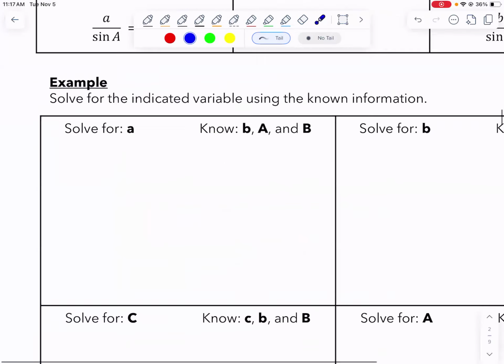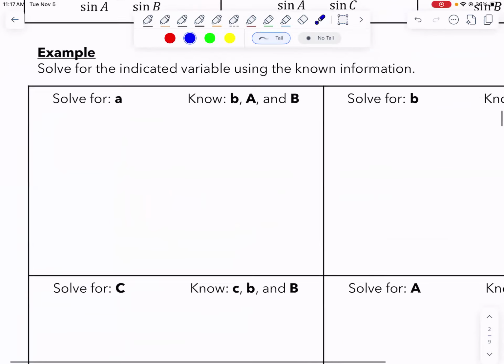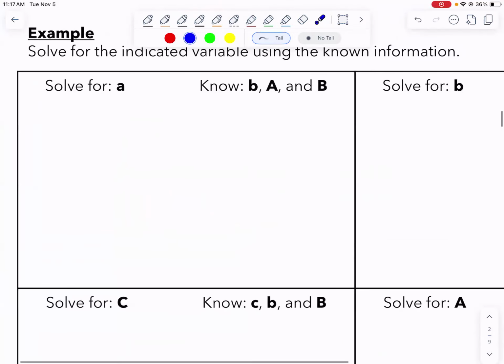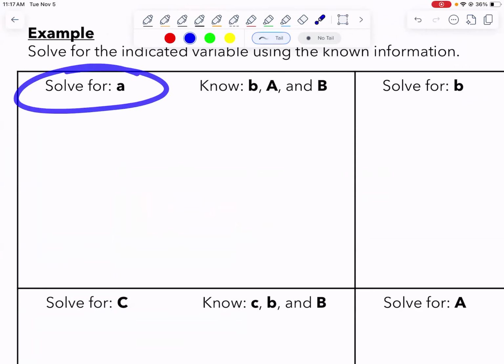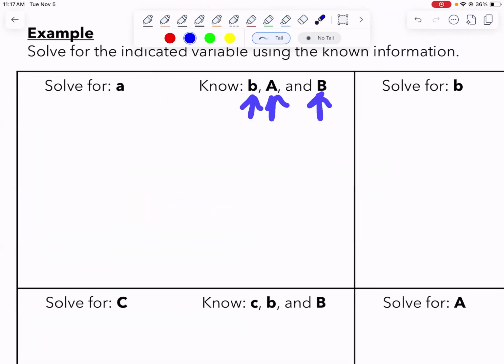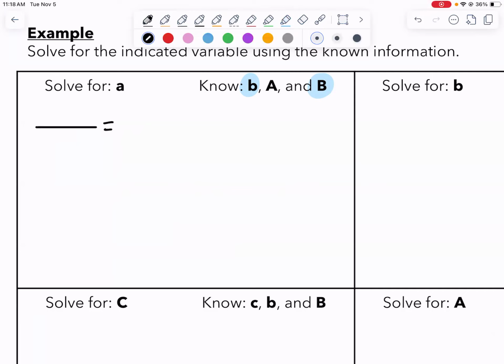All right. So solve for the indicated variable when you have that given information. Here we know we are trying to solve for baby a. We know baby b, angle B. So the things that I know both of, so I know everything about B, those are going to go on the right hand side.